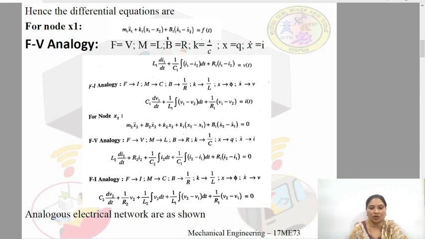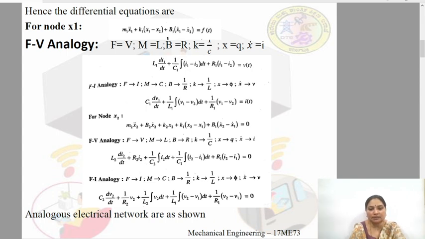So the force voltage analogy for the above equation has to be replaced again with the corresponding terms: force with voltage, M with L, inductance is nothing but mass, damper with resistance R, K with 1 by C, x with Q, and x dot with I. So the equation becomes L2 di2 by dt plus R2 I2 plus 1 by C2 integration of I2 dt plus integration of 1 by C1 into integration of (I2 minus I1) dt plus R1 into (I2 minus I1) is equal to 0.